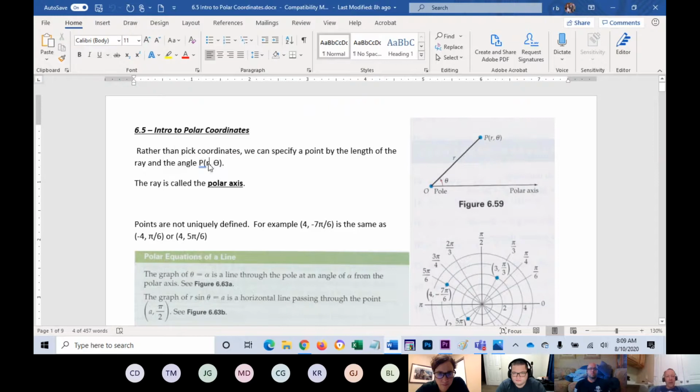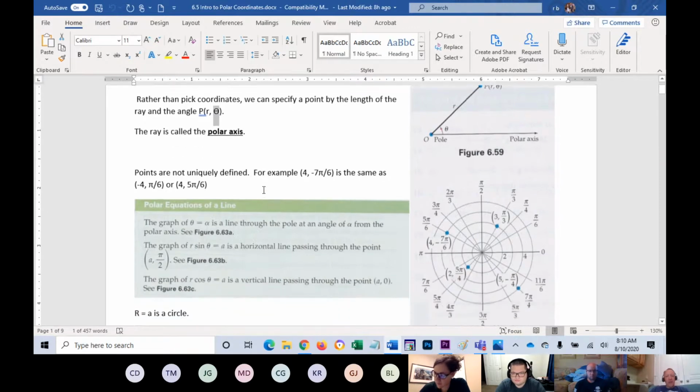So the point is the length of the ray r and the angle theta. So we're always measuring it. You can think of this as the x-axis, but we're going to call it the polar axis. And so this point here would be the radius r, or the ray r, and then your angle theta.